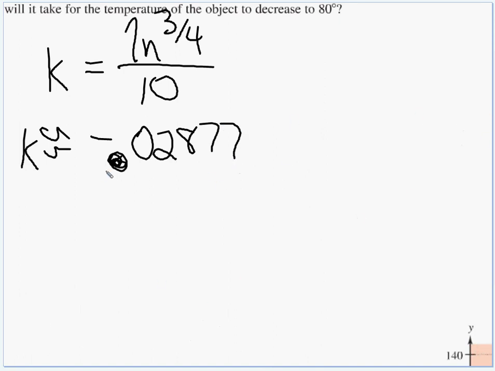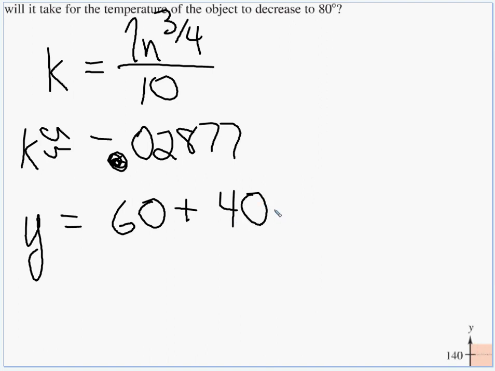So we found our k value, we found our c value. We can create our model. Y equals 60 plus 40, we found our c value is 40, e to the negative 0.02877 t.